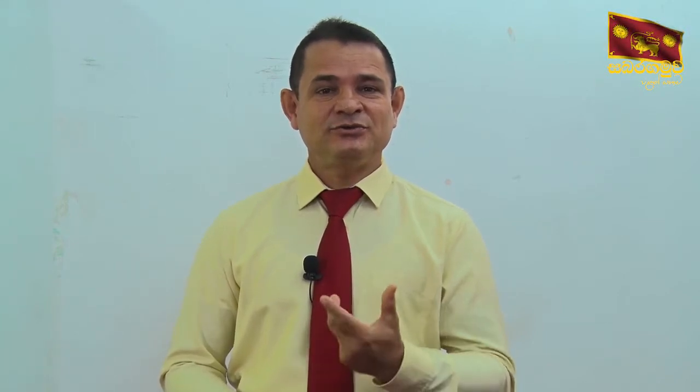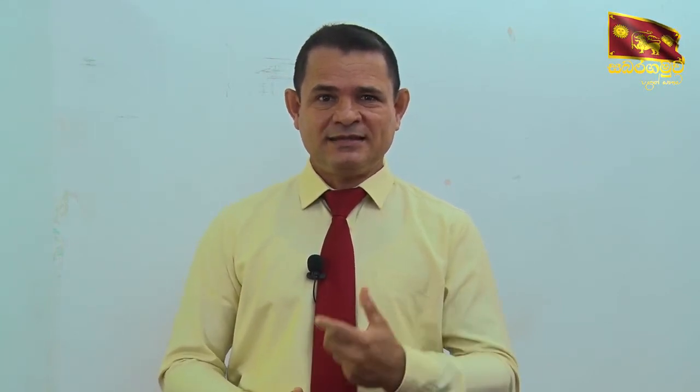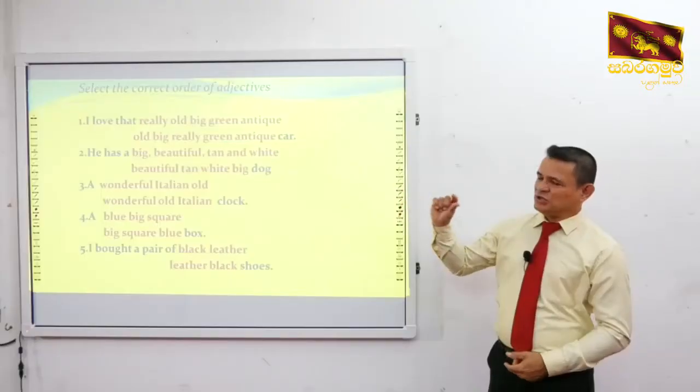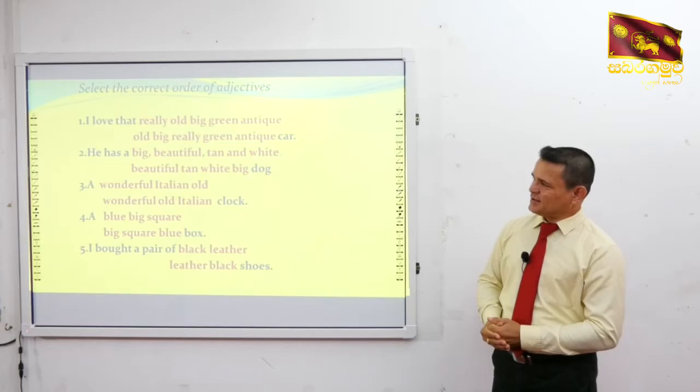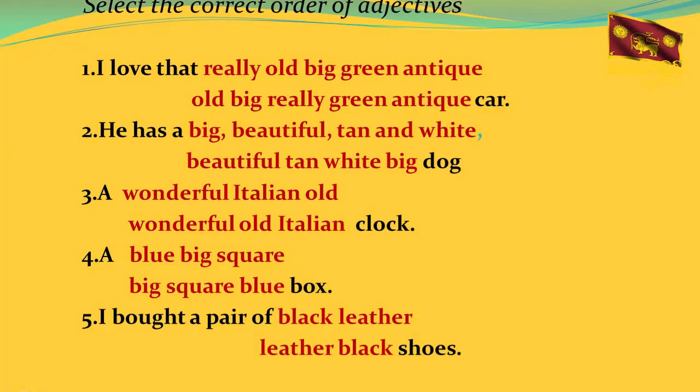But you can't use them as you wish, so select the one which gives the correct order. Second one: he has a big, beautiful tan and white dog, or a beautiful tan white big dog. Select the correct one. And third one: a wonderful Italian old clock, or a wonderful old Italian clock.